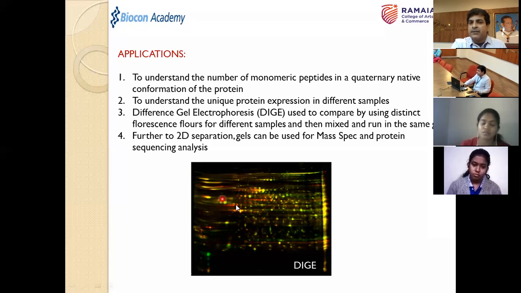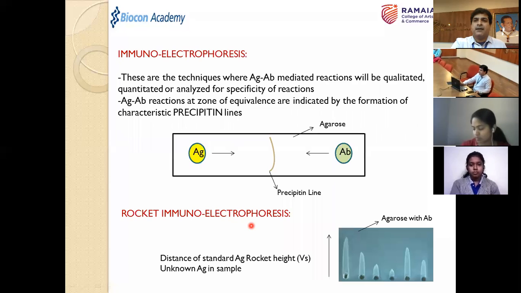But the proteins present in both sample and control appear in a third color. Correct? That way you can easily pick them, and there is software available to do this automatically and analyze these spots, which are nothing but the protein components of the sample. Okay, so this is the way two-dimensional gels are observed. That is all about the SDS-PAGE technique.